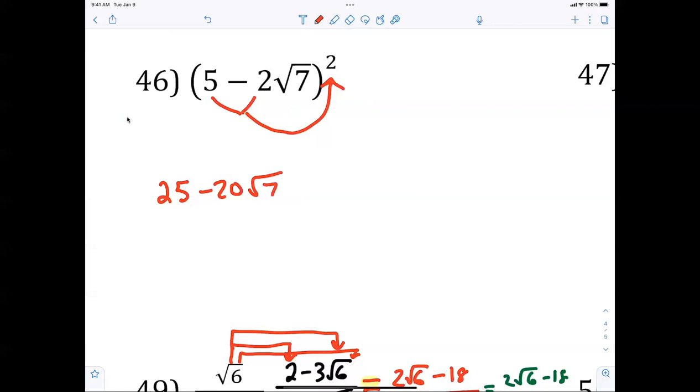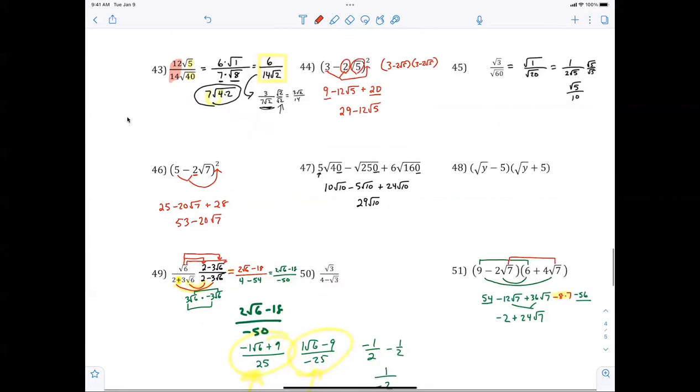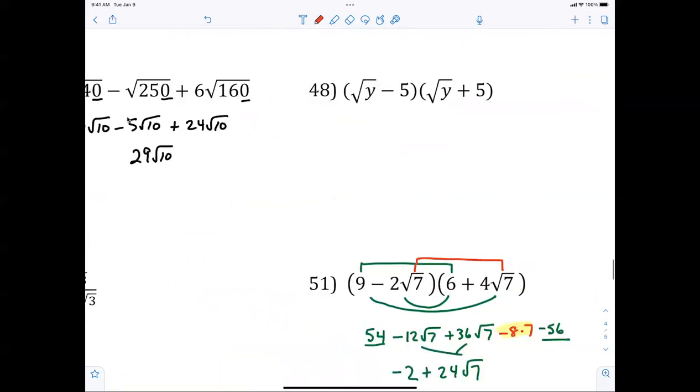Negative squared is a positive. 2 squared is, square root of 7 squared is, 4 times 7 is 28. So 53 minus 20 radical 7. All right, very nice. For those of you guys who are still with me, y minus 25.